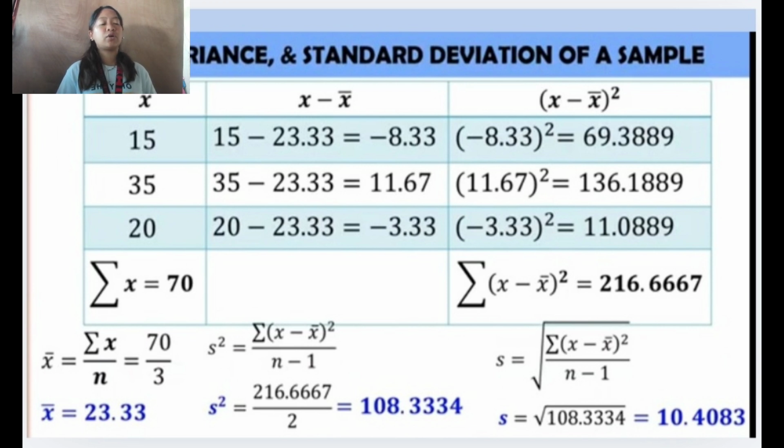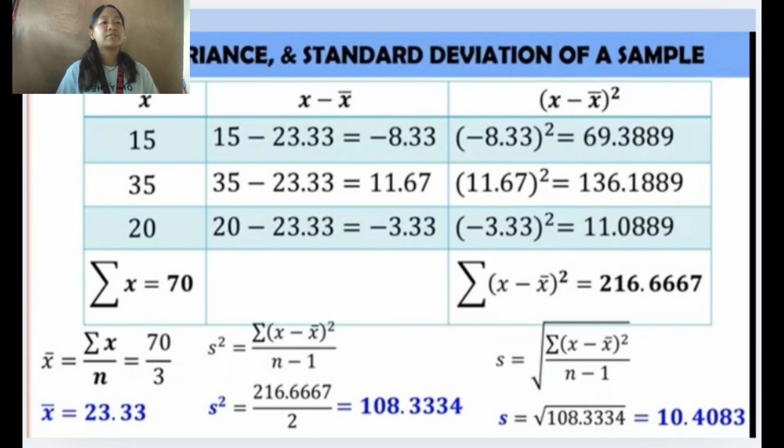So the total, our summation of x minus sample mean squared, equals 216.6667. If you are wondering where it came from, we just added 69.3889, 136.1889, and 11.0889.